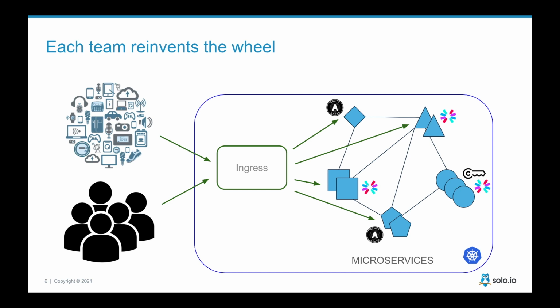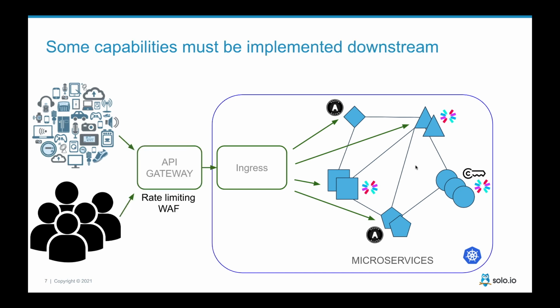So you have one application that wants to secure the access with OAuth 2, another one wants to use JWT tokens, another one wants to use API keys, or even a mix of different options. And they also need some capabilities that you generally find in a traditional API gateway that runs outside of Kubernetes. Some things like rate limiting, web application firewall, and so on.